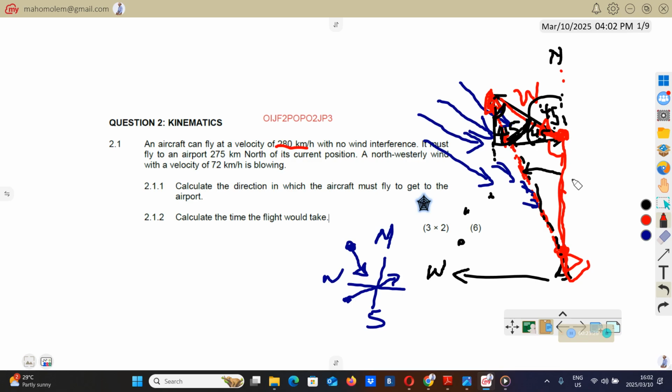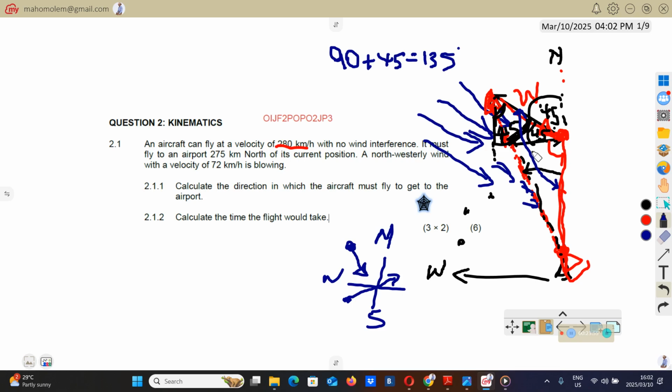So now this total angle, starting from here to there, how much is it going to be? It is going to be 90 plus 45, which is 135 degrees.